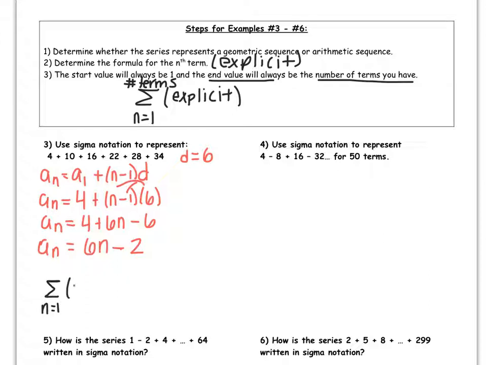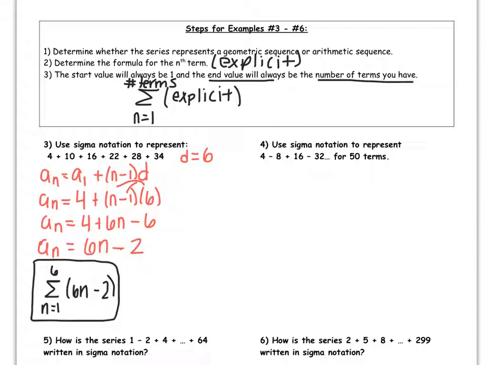We're going to put this explicit formula here. And on top is going to be the number of terms that I have. So in this case, it looks like I have 1, 2, 3, 4, 5, 6 terms. So this is my sum in sigma notation.